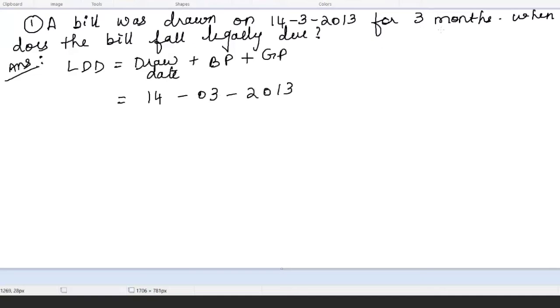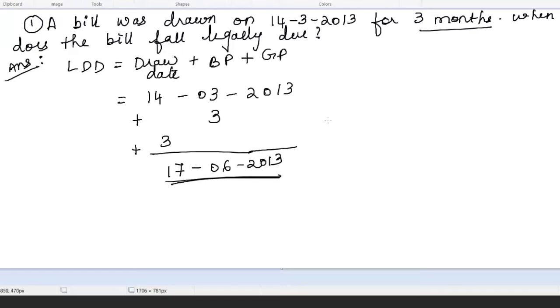What is the bill period given in this question? 3 months. So add. And what is the grace period? We know 3 days. So together when I add this, what is my answer? Here it is 2013 and here 6, 14 plus 3, 17. So 17th June 2013 is the legally due date.